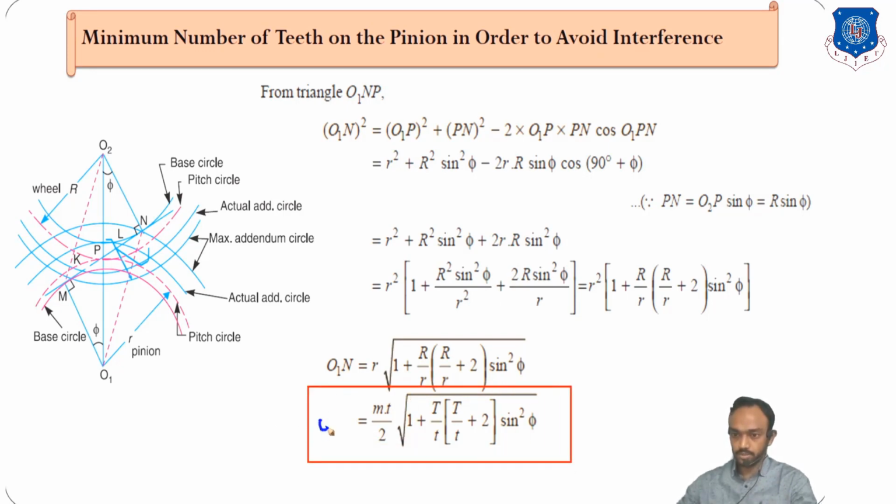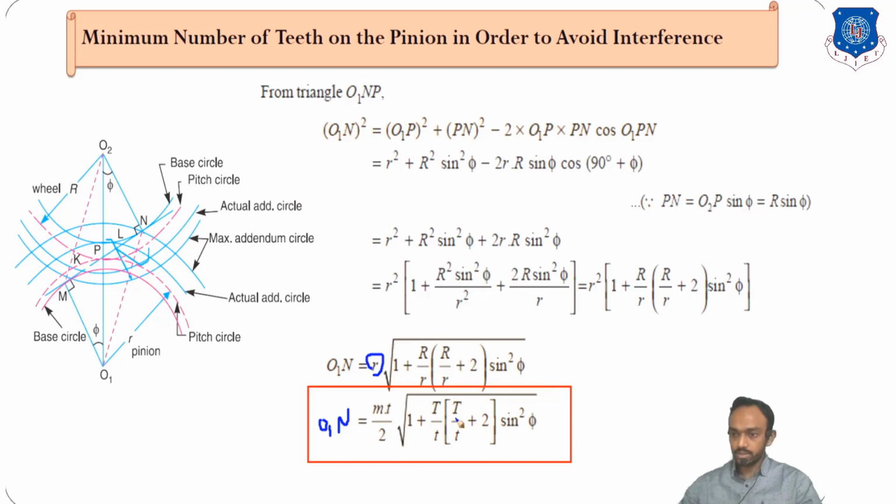O1n is equal to r is equal to mt by 2. We have put mt by 2 under root 1 plus, so capital R by small r we can write as capital T upon small t.